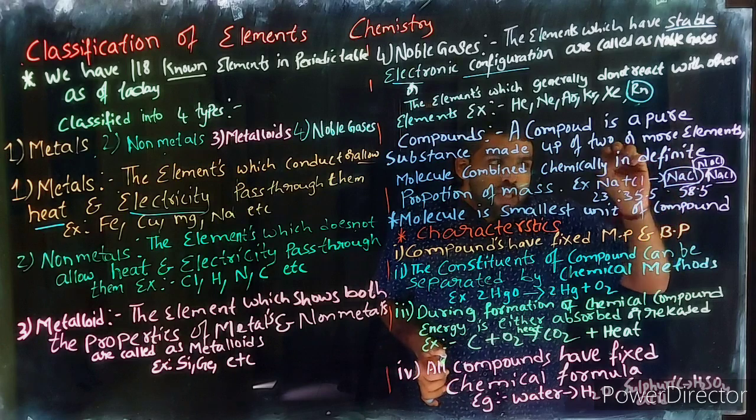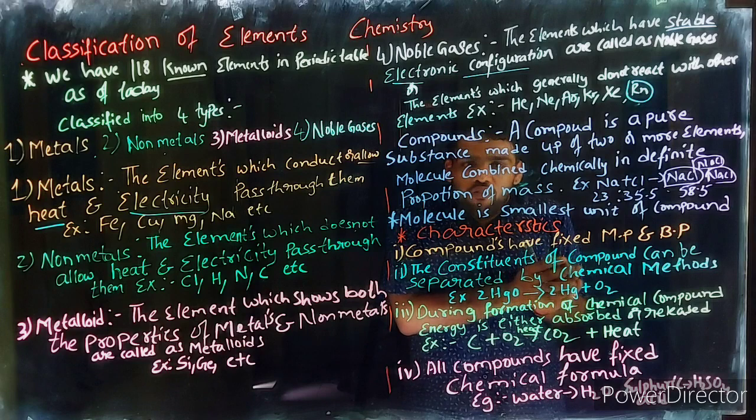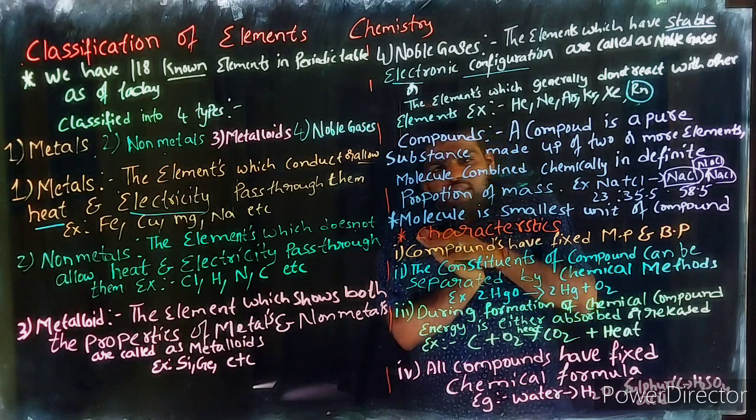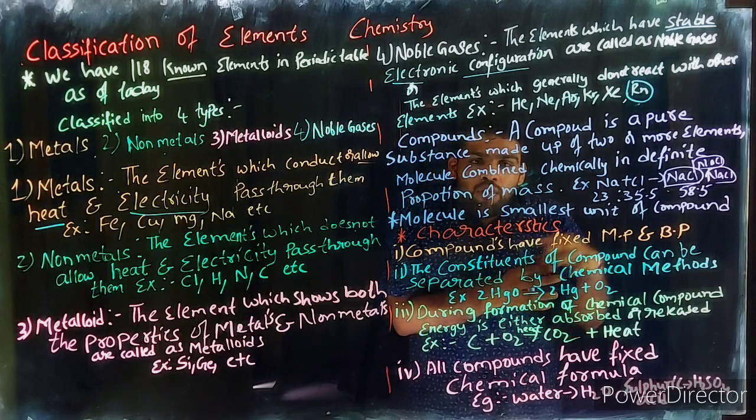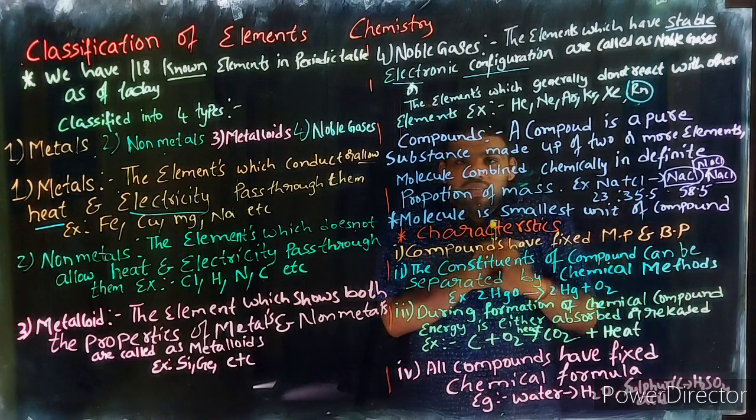They have the same size, shape. Each molecule of a compound is identical with each other molecule of that same compound, in terms of physical properties, chemical properties, size, everything.